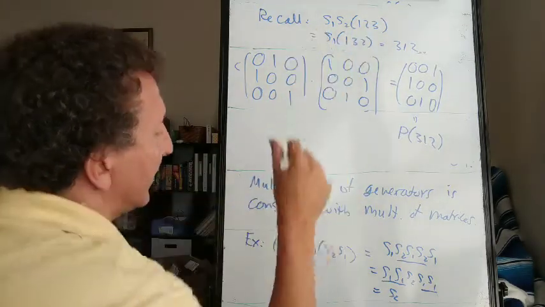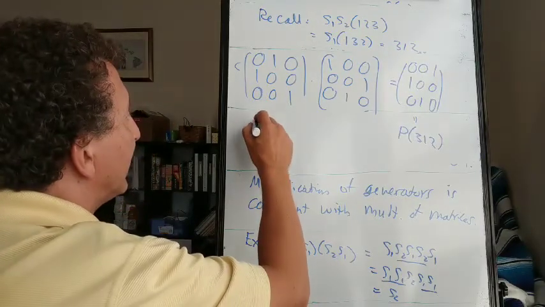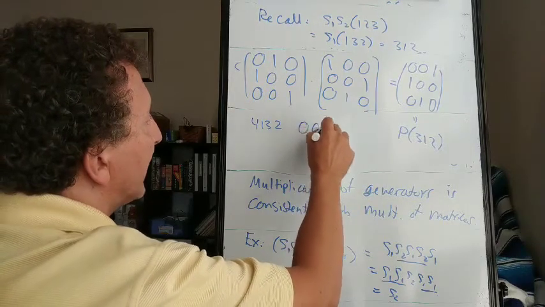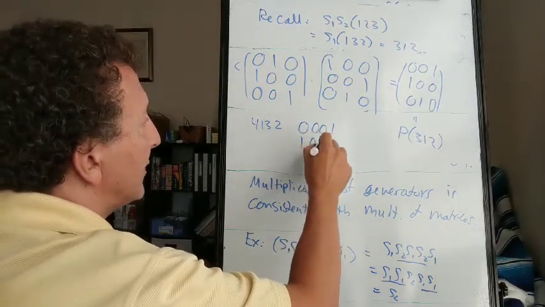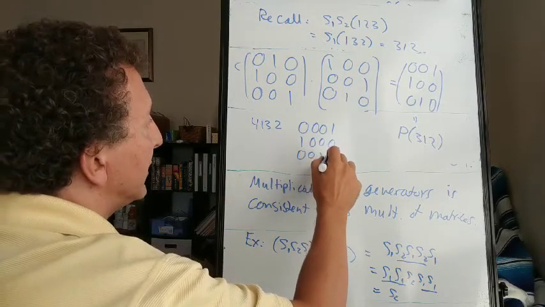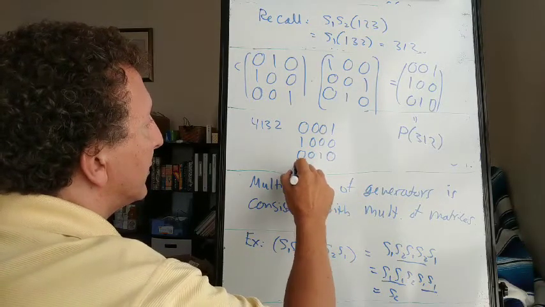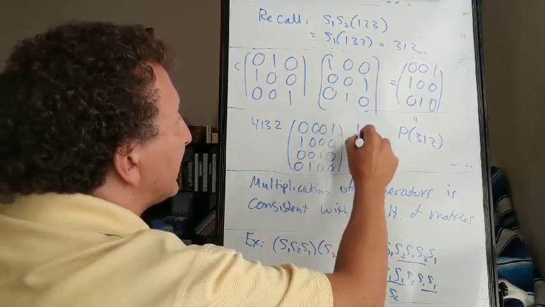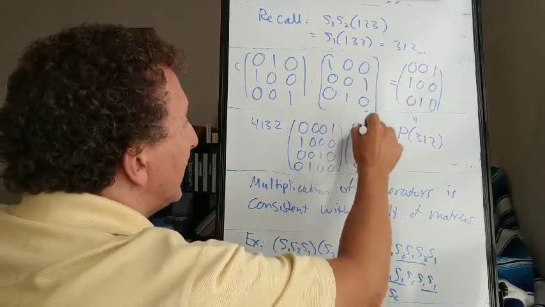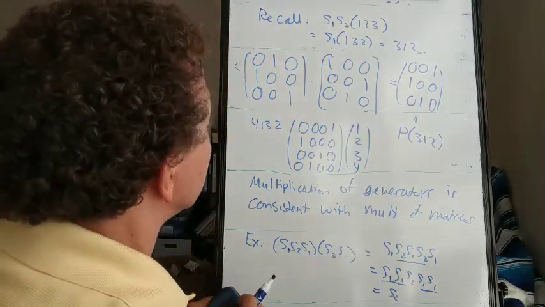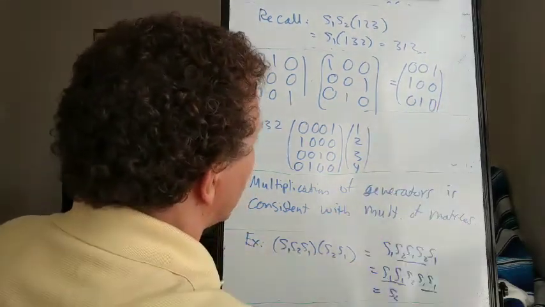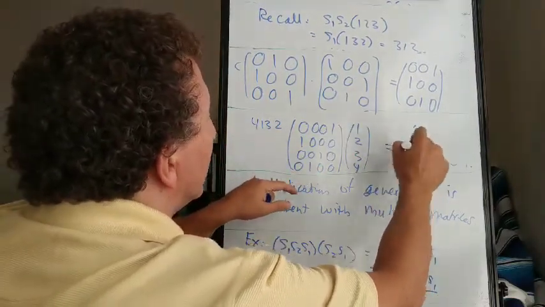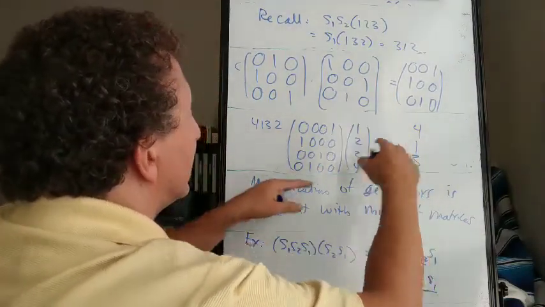Also, if we put up the 4, 1, 3, 2 matrix, 1 in position 4, position 1, position 3, position 2, and we apply this to the vector 1, 2, 3, 4 and multiply, we get 4, 1, 3, 2.